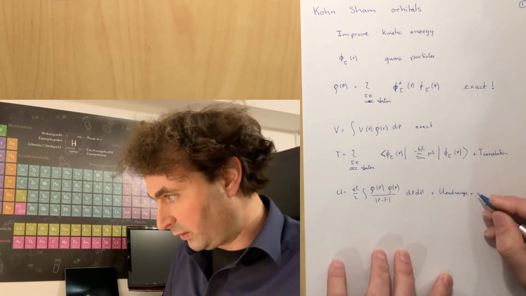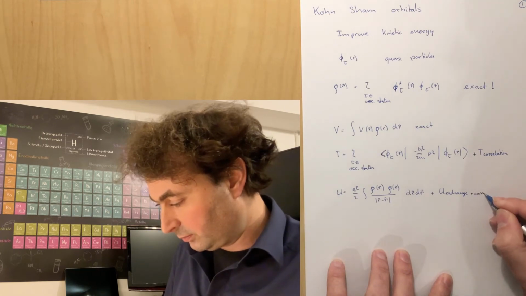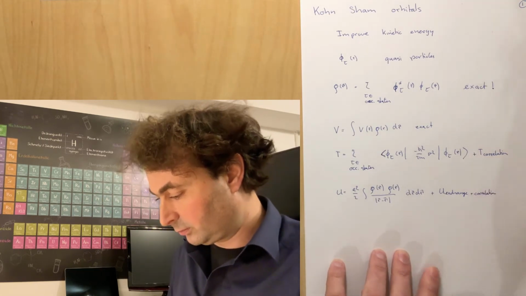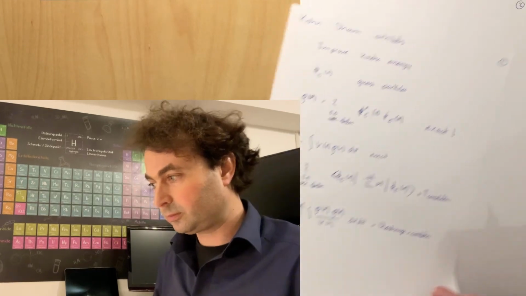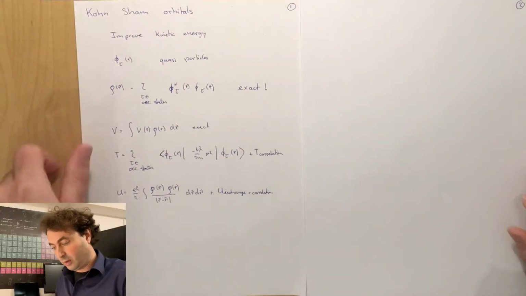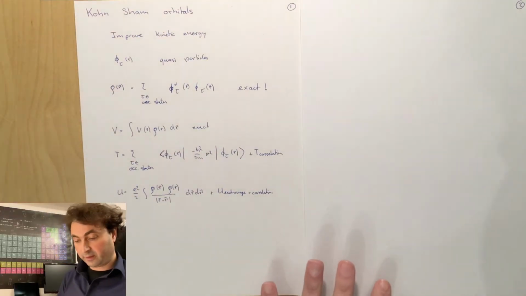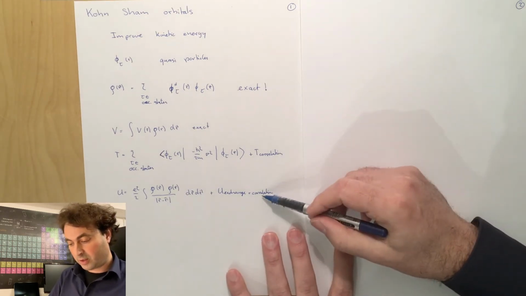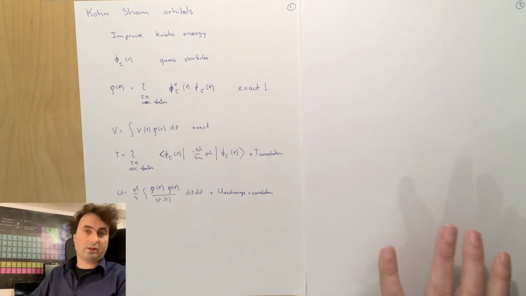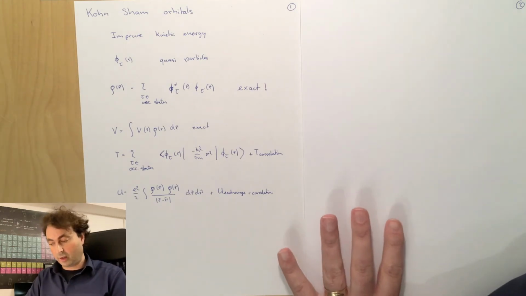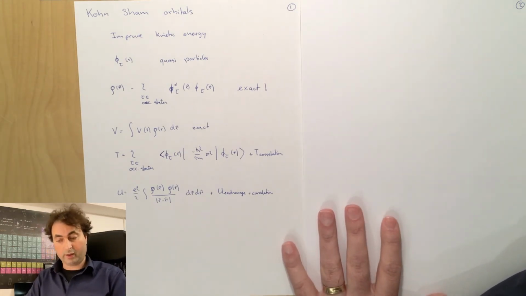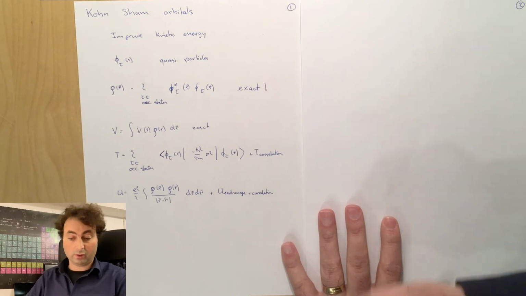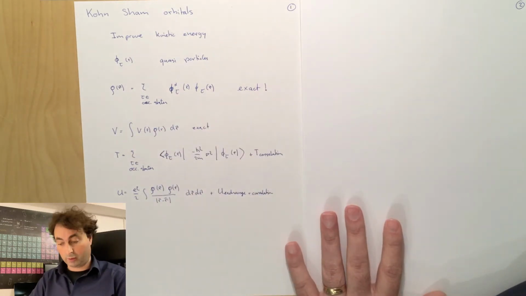So we also have a correlation correction here. So in order to find an exact representation, we now have to look at T correlation and U exchange correlation and see what those are in order to calculate the correct energy or find the correct functional.